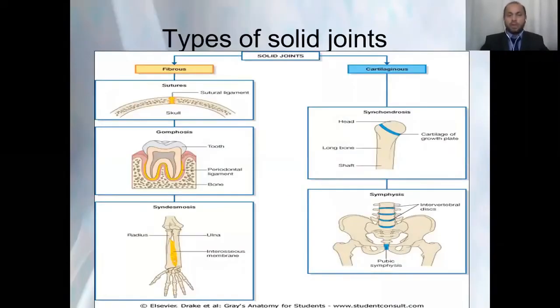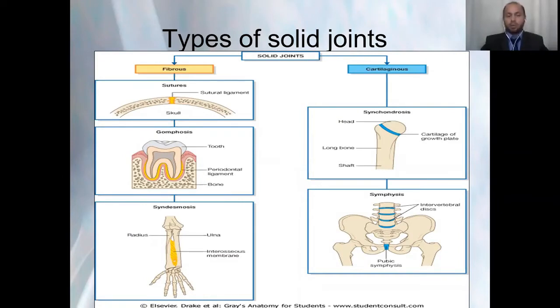The solid joints are further divided into two types: the fibrous joint and the cartilaginous joint. In the fibrous joint, there is fibrous tissue present between the articular bones. Examples of fibrous joints are the sutures of the skull, the gomphosis present between the gum and the tooth, and the syndesmosis, which is present between long bones.